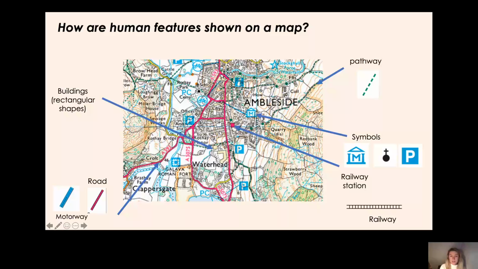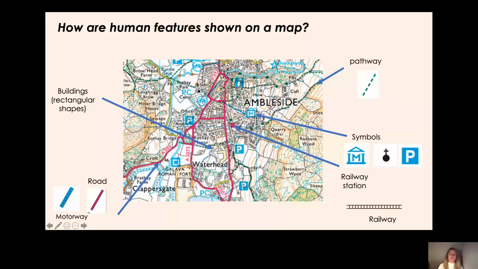Can you see the pink square that my arrow is pointing to? Well, that represents a railway station. And they use bright colours for all of these human features because otherwise they'd blend in and you wouldn't be able to see them next to the physical features.